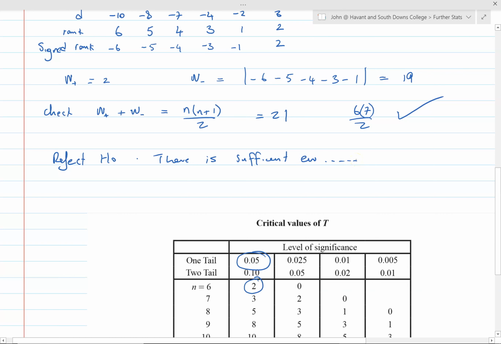Okay, context: there isn't any context here, but even then you'd say there is sufficient evidence to suggest that the median is reduced or less than 27.